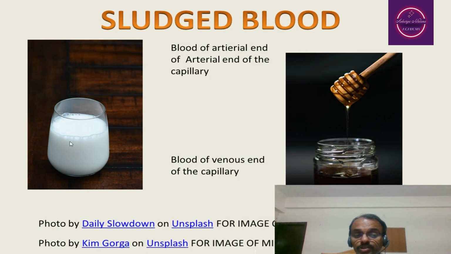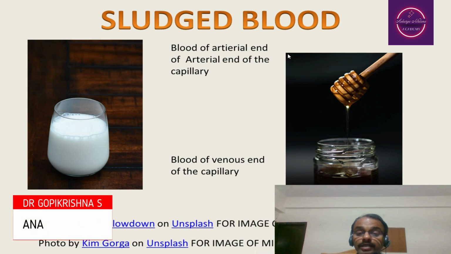One image is showing milk and the other image is showing honey. The liquid, milk, is just like the fluid present at the arterial end of the capillary. The honey is similar to the fluid present at the venous end of the capillary.